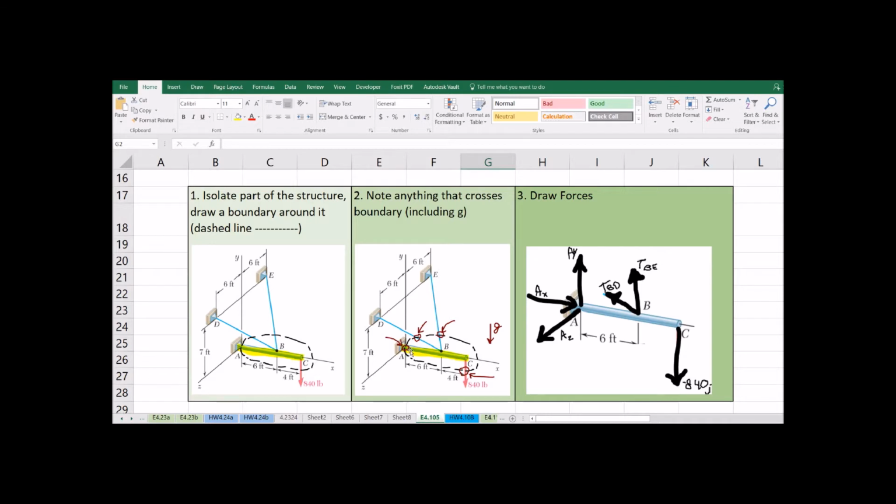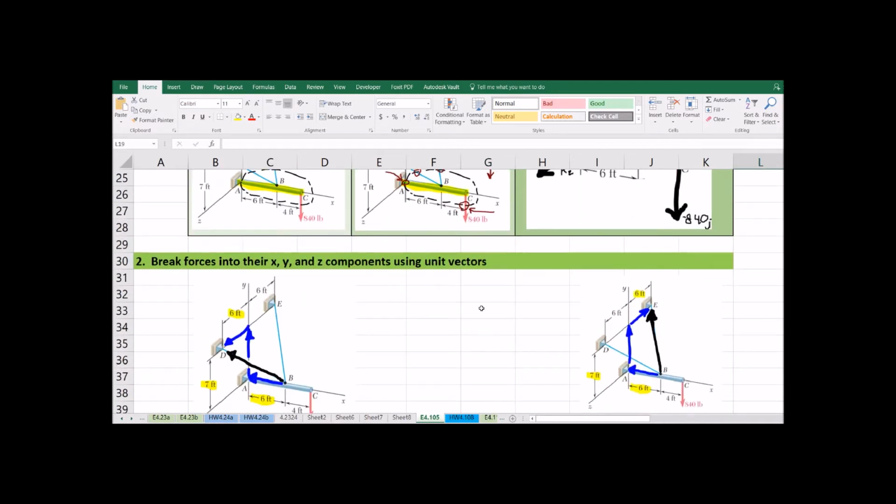And then we have to also pull this off of the wall here. So instead of having the wall connected to it, we now have a bunch of forces over here connected to it. So we have forces in the XYZ direction at the point A. We have the 2 tensions and the 840 pounds hanging off the end. Okay, so take your time and draw a really good free body diagram on this.